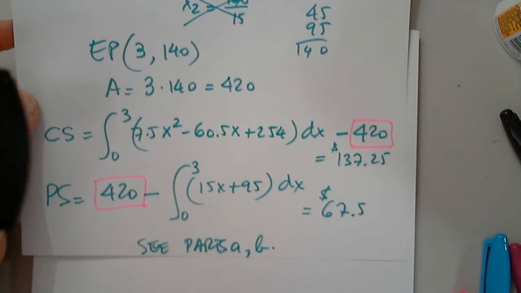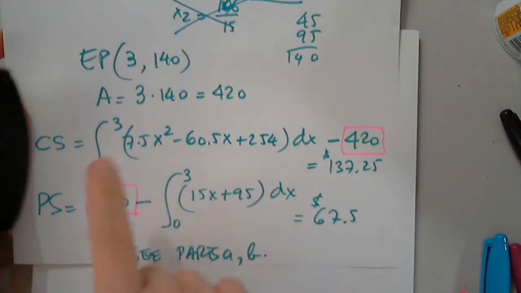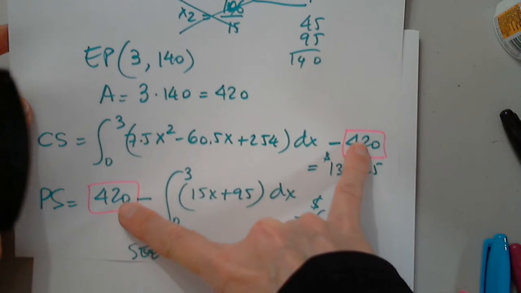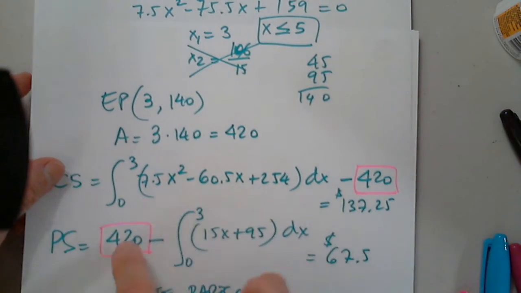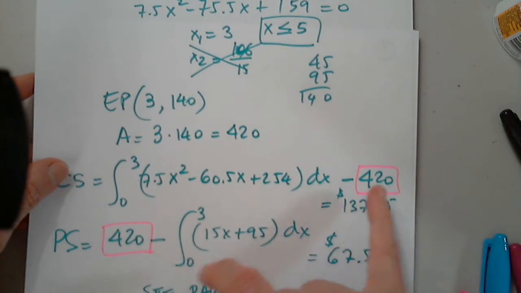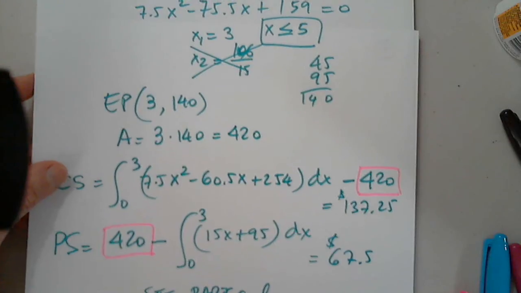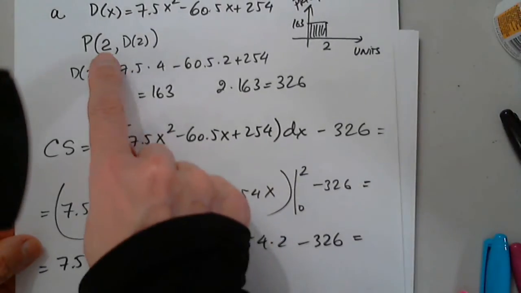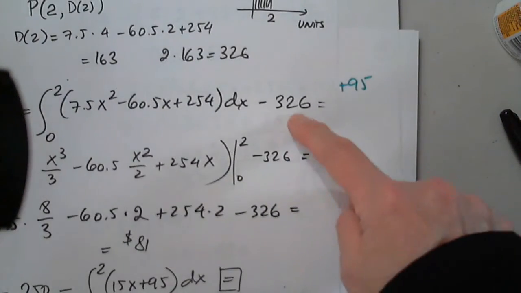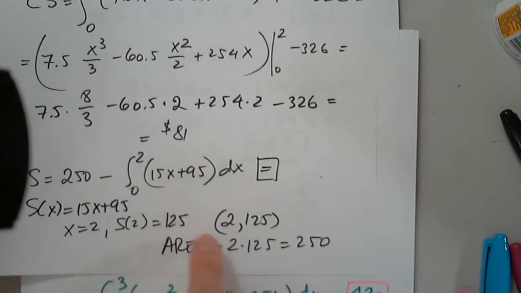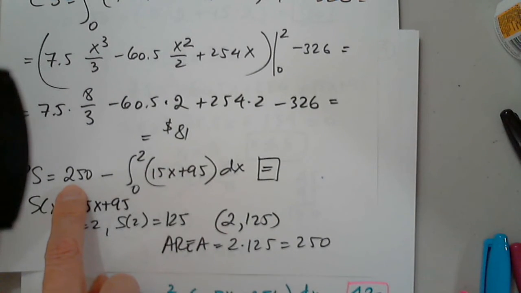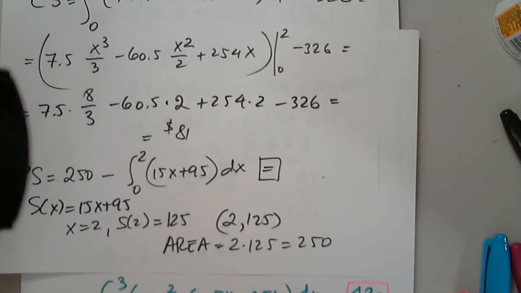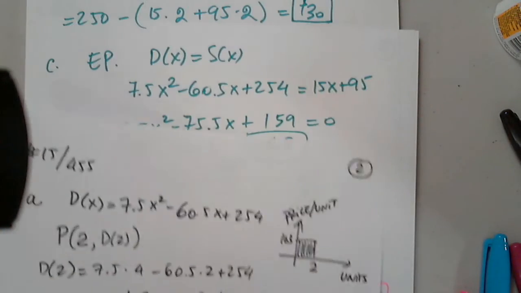Is that better? All you were changing, yeah. But only at the equilibrium point will these two numbers be the same, because they are both 3 times 140. Here, this is 2 times 163. And here, this is 2 times 125. All right, thank you. Is that good enough?